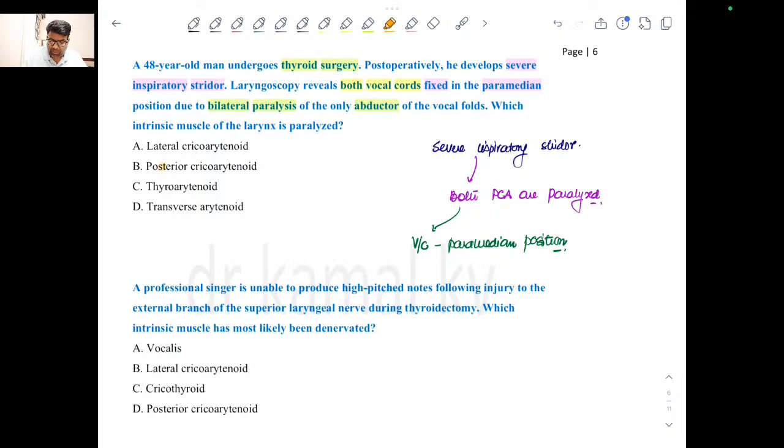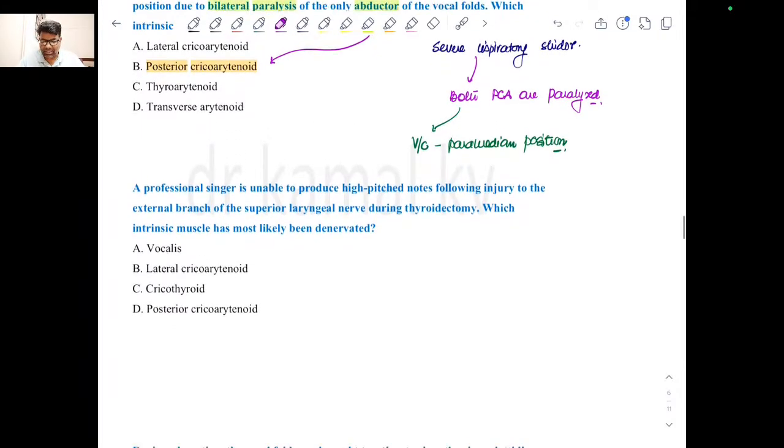So this is posterior cricoarytenoid, and already the hint has been given to you, abductor of vocal cords, clear, very good, Arka. So please don't make any mistake in such an easy question.